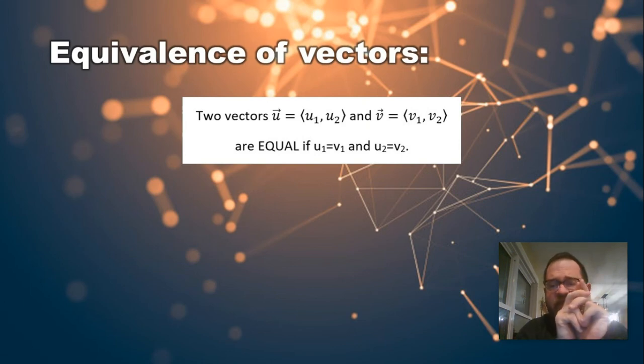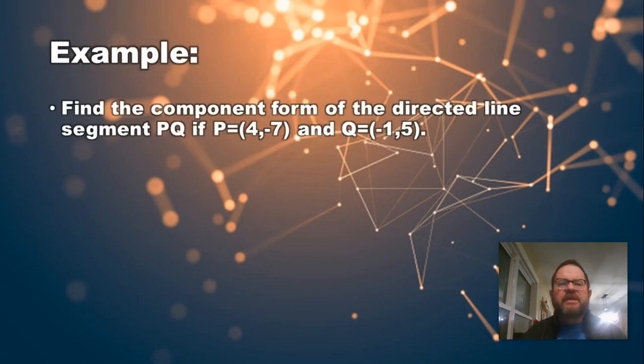We have a second vector v, and it's at, again with the angle brackets, v1 comma v2. Those two vectors are equal if and only if the first coordinate is equal to the first coordinate of the other vector, and the second coordinate is equal to the second coordinate of the other vector. Basically, they have to be exactly the same. Then the two vectors aren't just equivalent, they're equal to each other. That's kind of just some definition.